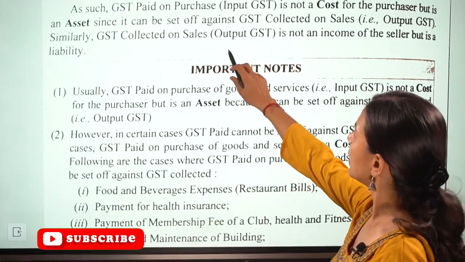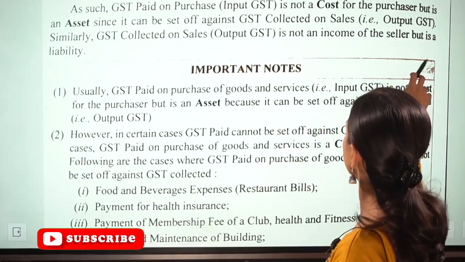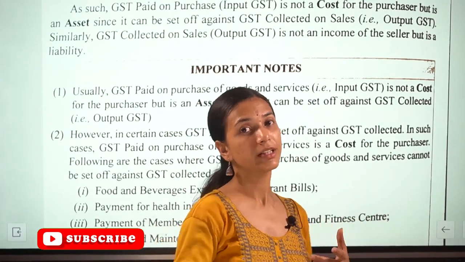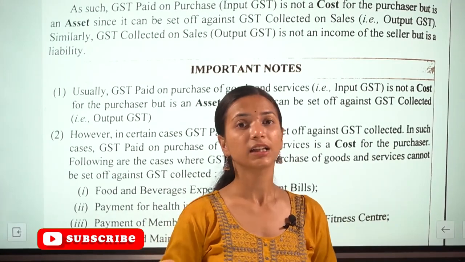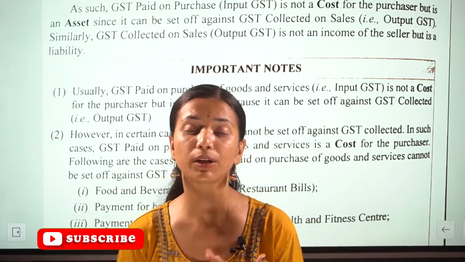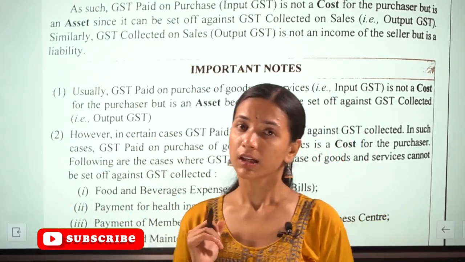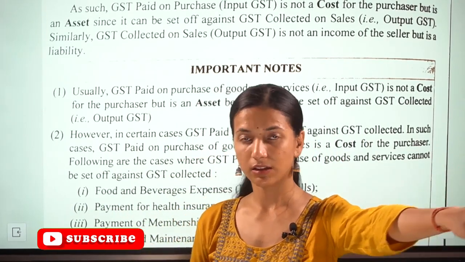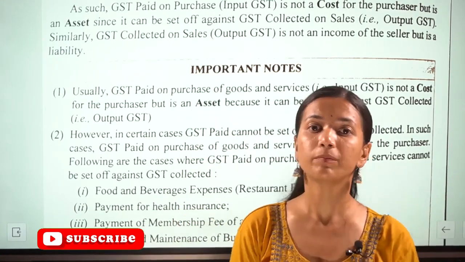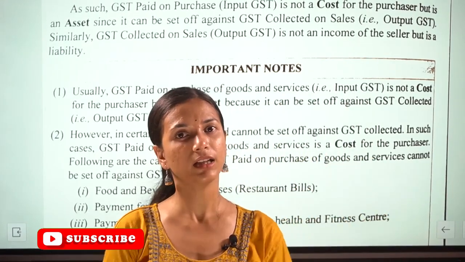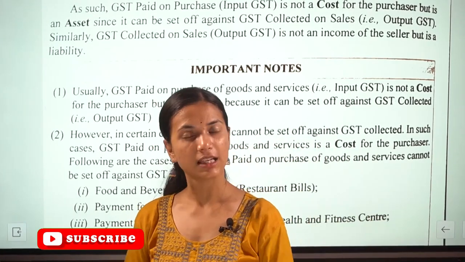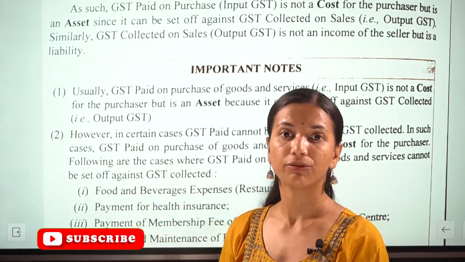Next, GST collected on sales is not an income of the seller but is a liability. So GST paid on purchase is an asset, and GST collected on sales is a liability, because you are collecting it from customers and that will be paid off to the government.